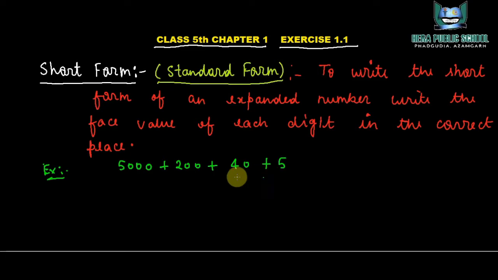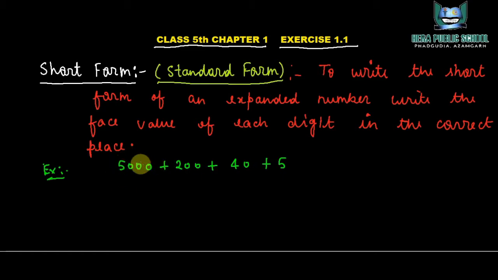This is an expanded number and we have to write this expanded number in standard form. So how will we write it? First we have to know the position of each digit. Meaning, in which place is 5, in which place is 40, in which place is 200 and in which place is 5000.